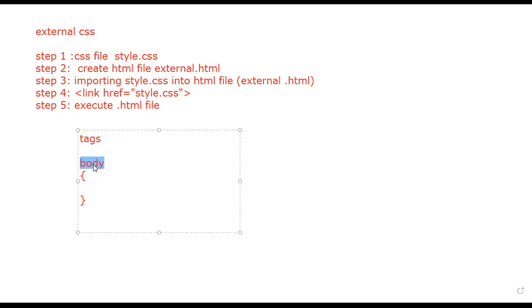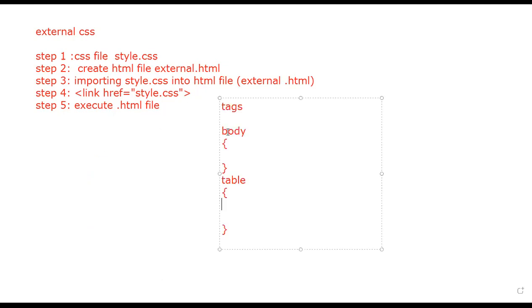Similarly, if I want to apply some properties for the table tag, I can set a range of properties for the table tag, and they will get applied to the table tag in the HTML file. So whatever you create in this .css file will get applied to the respective tags in the HTML file.